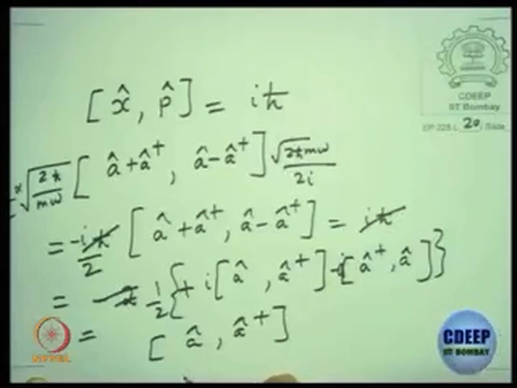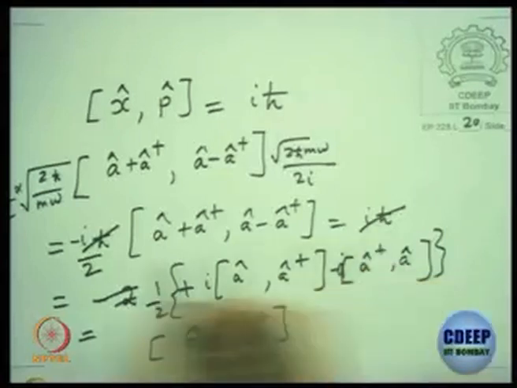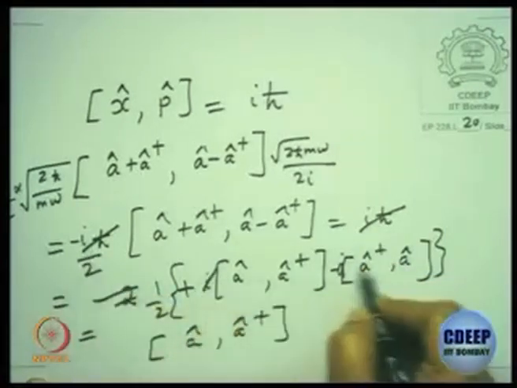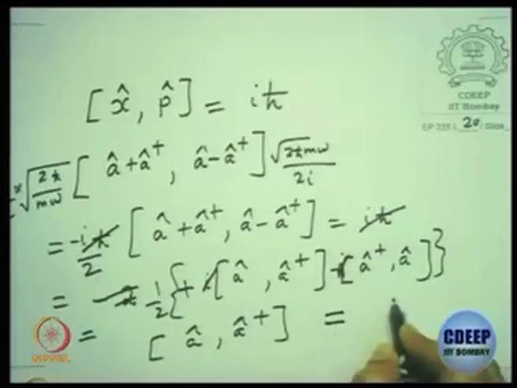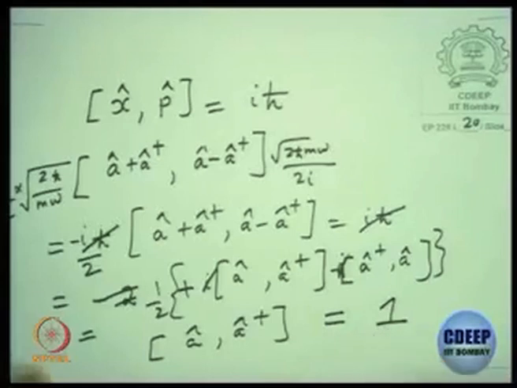The I also cancels. Why did I keep the I? I got cancelled. And this is 1. If you remember, A and A dagger were dimensionless, so I would expect the right hand side to be some number, and we do get it to be 1.